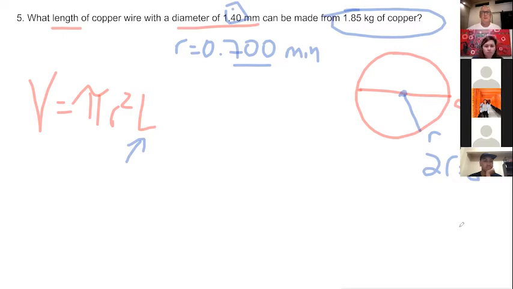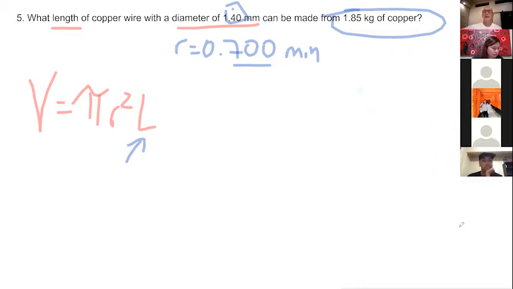How are we going to calculate a volume? We need the density of copper, exactly right. Because the density is always mass over volume. So if you're given the mass, you get the volume. So what is the density of copper?